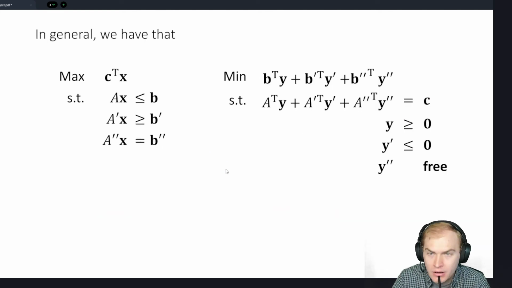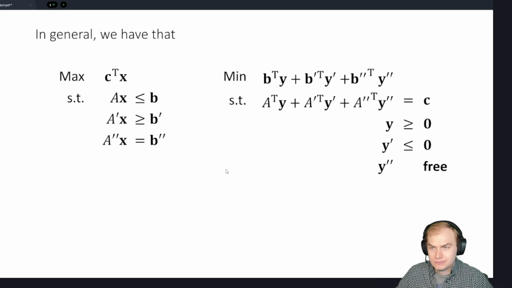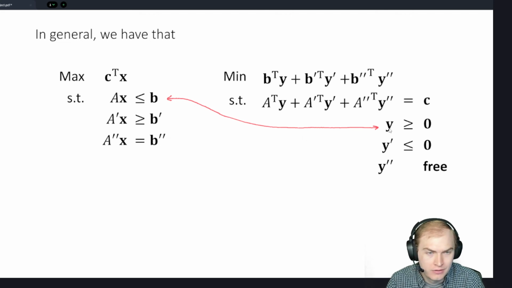So, in general, we have that less than or equal to constraints imply non-negative variables. Greater than or equal to constraints imply non-positive variables.